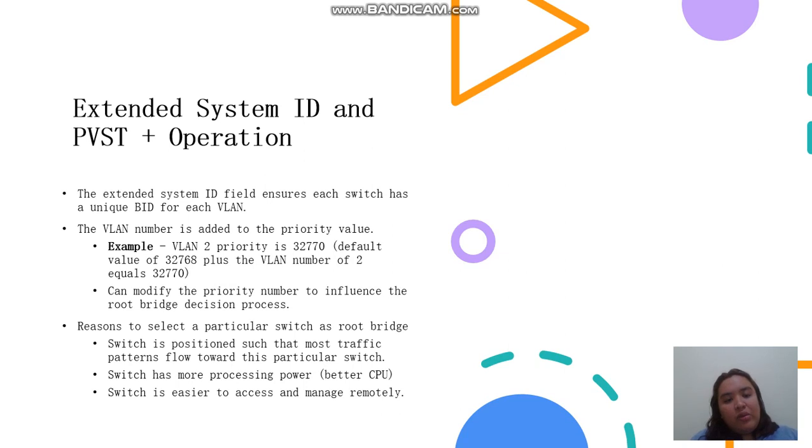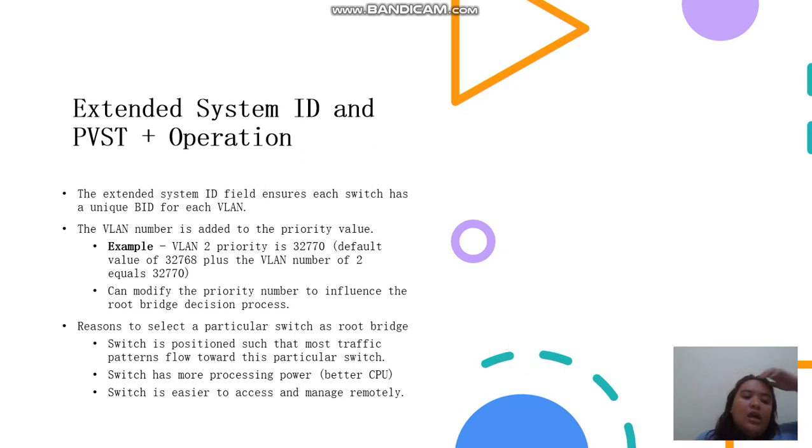Extended system ID and PVST operation ensures each switch has a unique BID for each VLAN. Example: VLAN 2 priority is the default value of 32768 plus the VLAN number of 2 equals 32770. You can also modify the priority number to influence the root bridge decision process.